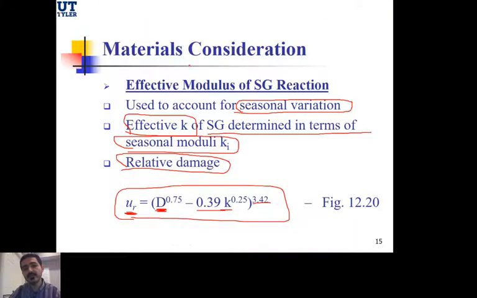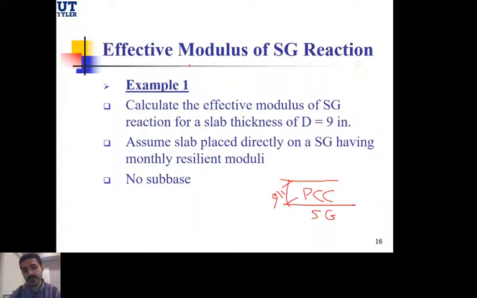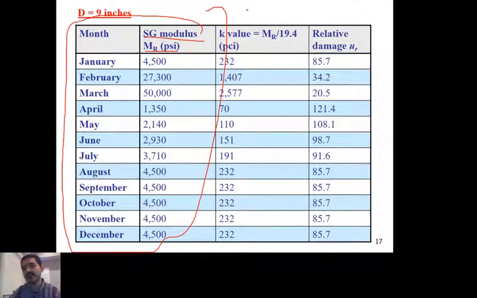And then you're going to go through the seasonal variation. So that's why this table here has two columns only. The first column is the correction, or to get the K value if we do not have a subbase. And that's why here we applied the simple equation, which is the Brazilian modulus of that month over 19.4, which will give us the K value for that month.